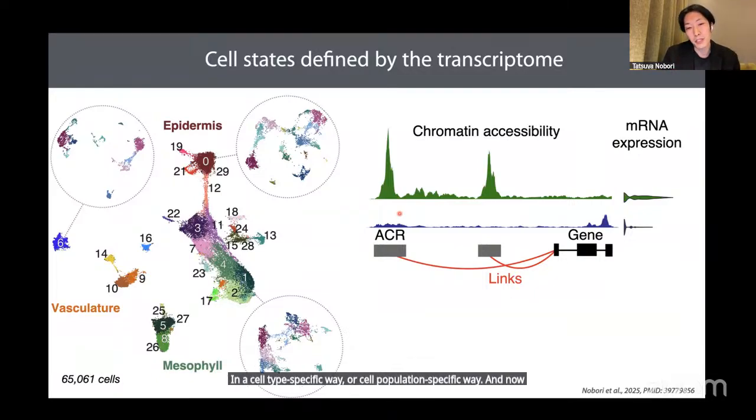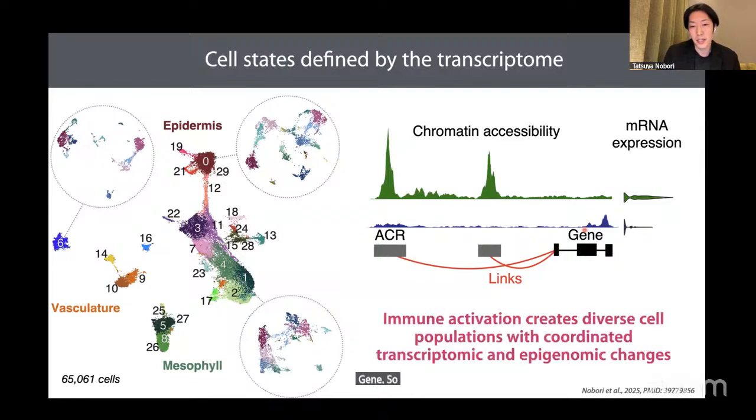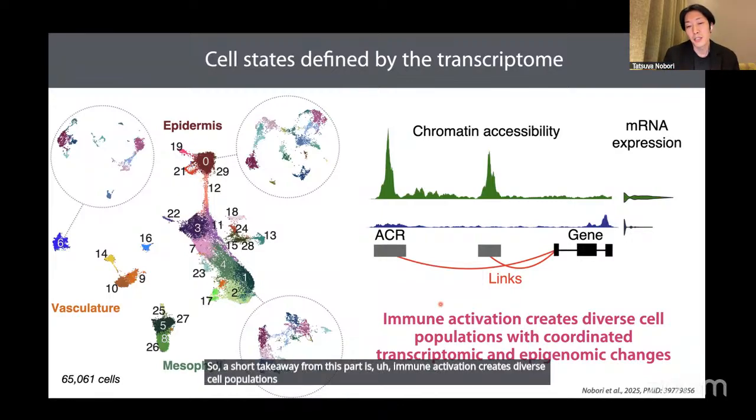And now our lab is currently following up on the actual regulatory mechanisms of cell type specific gene expression. For example, certain transcription factors might bind to this region, to this gene. So a short takeaway from this part is immune activation creates diverse cell populations with coordinated transcriptome and epigenome changes.